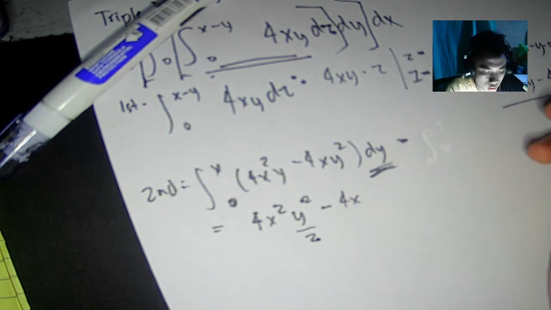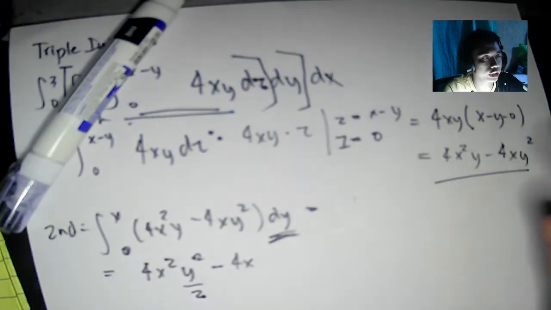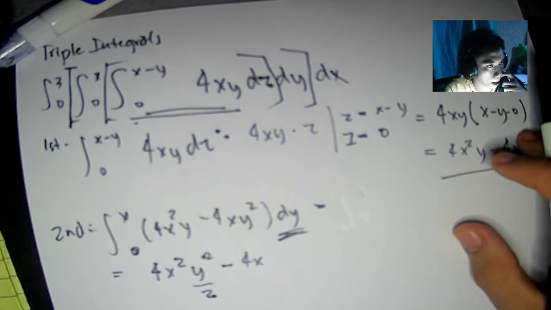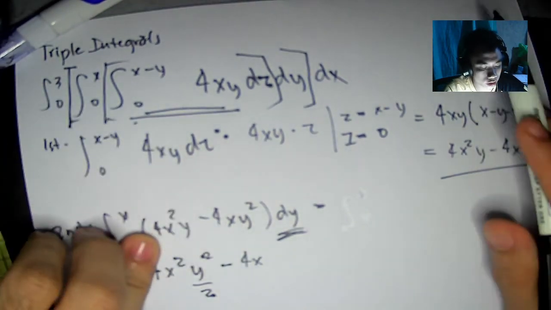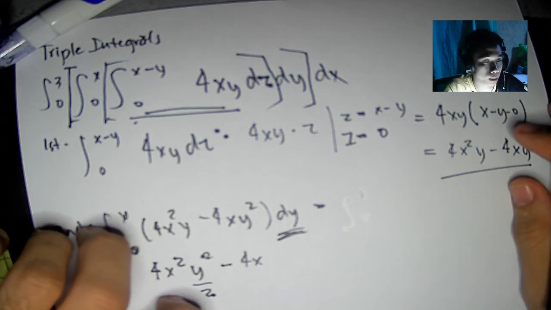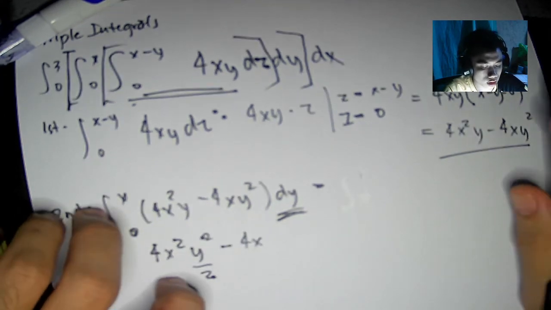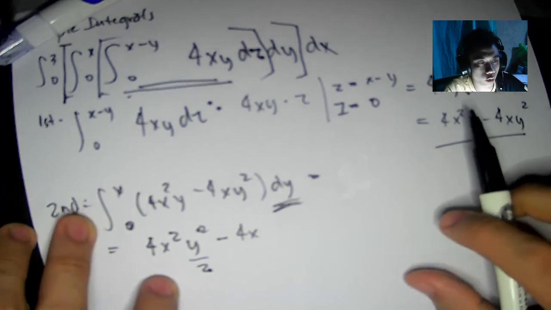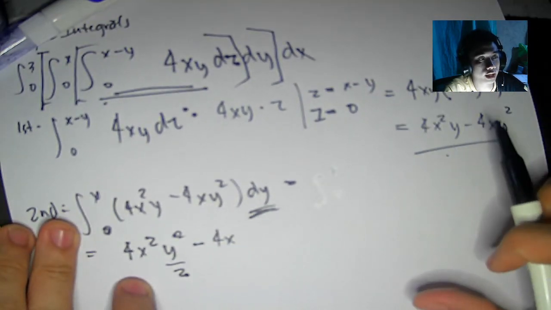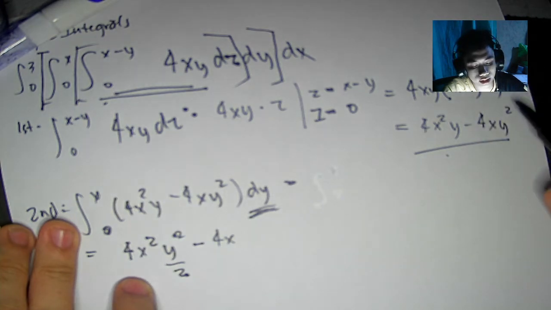I forgot to say that in the first degree of integrating here, we dealt with z, our z value. After we dealt with that, we had left 4x squared y minus 4x y squared.